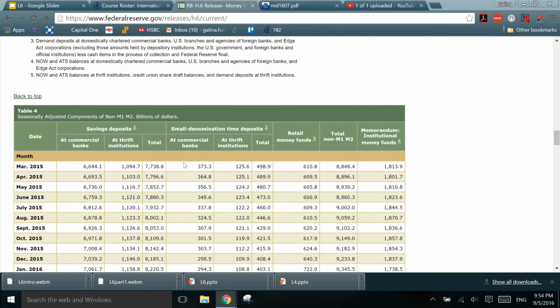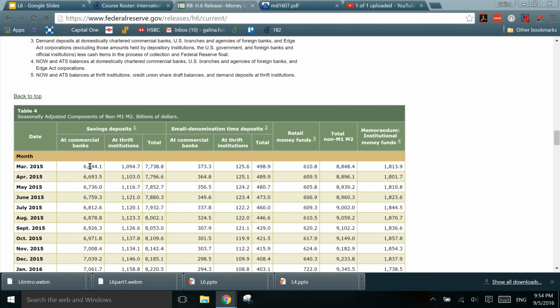Following down, you can see the non-M1 components of M2, so it's M1 plus. And you can see that there's savings deposits at commercial banks and thrift institutions, small denomination time deposits at commercial banks and thrift institutions, and institutional money funds here as well. But you can see that mostly what we are looking at is saving deposits at the commercial banks.